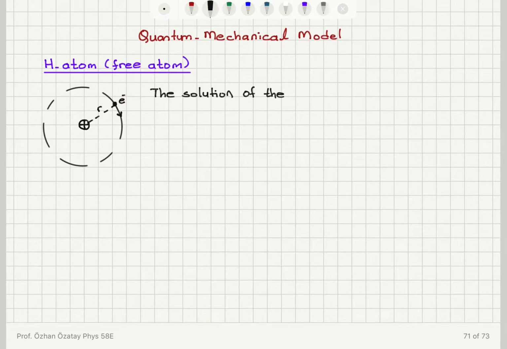So that will be an important result we will use in order to get the possible values of magnetic moment of an atom. So the solution leads to quantization of the angular momentum of electrons.